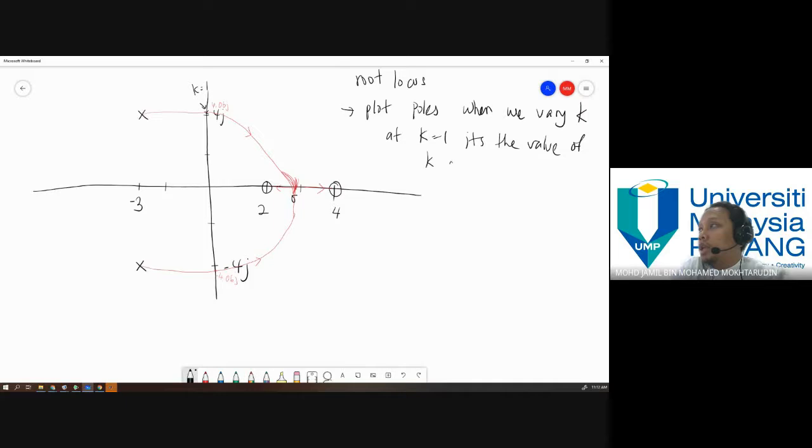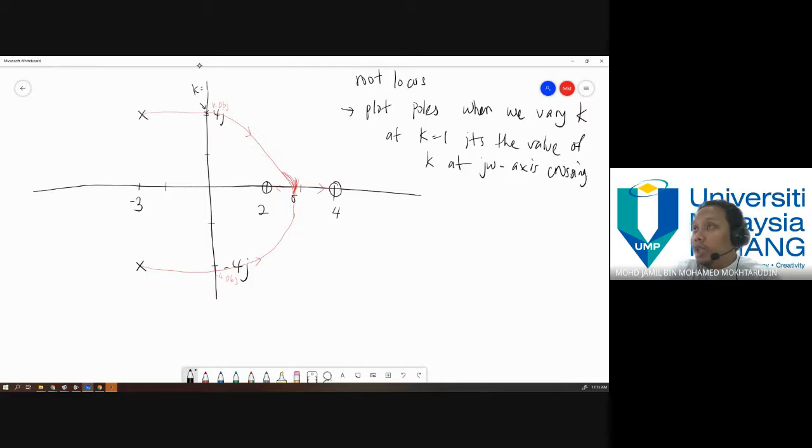We know that when poles are at the JW axis crossing, the system is marginally stable. So if we use k equals 1 for this transfer function, we get a marginally stable system. The system will oscillate indefinitely.